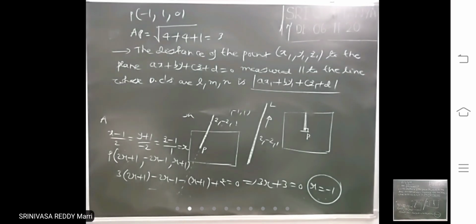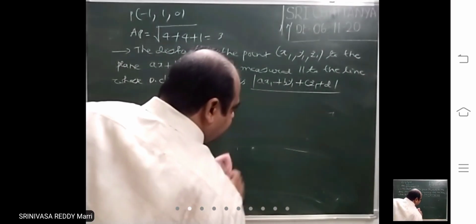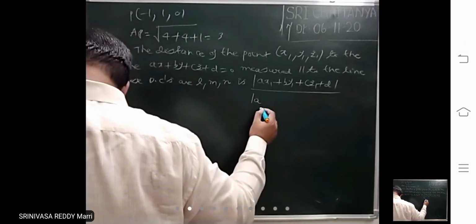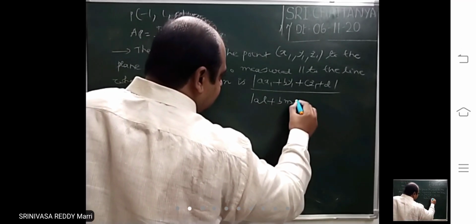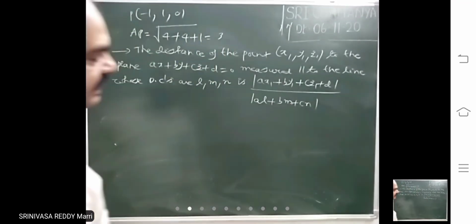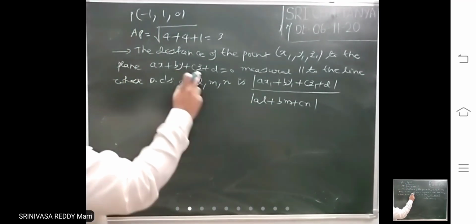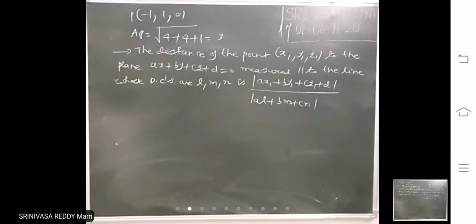This value is the numerator, divided by the denominator, which is modulus A into L plus B into M plus C into N. A, B, C will be in the plane, right? So L, M, N are what? DCs of the line, not DRs. Right? A, B, C are related to the plane and L, M, N are related to the line.